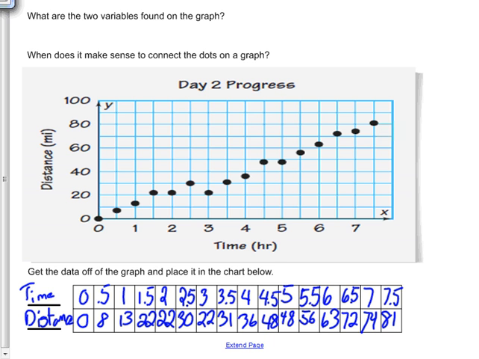And that would be for a total of 98 miles according to my graph. But again, yours will be different.